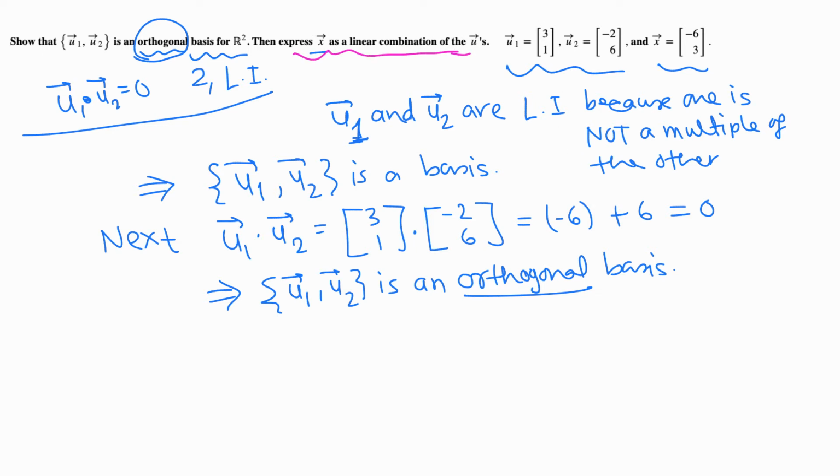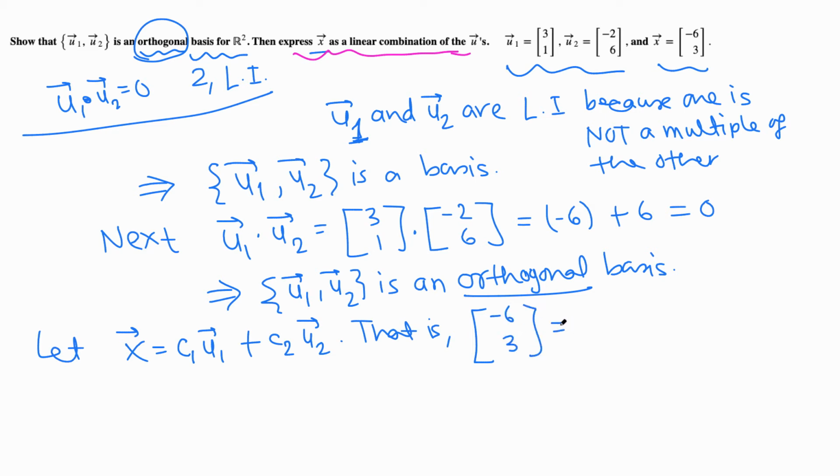Now the next part is we need to express x as a linear combination of u1 and u2. Let x be a linear combination, some unknown constant c1 times u1 plus unknown constant c2 times u2. In terms of numbers, our x is given as negative 6, 3, equals c1, to be determined, times u1, which is 3, 1, plus c2, to be determined, times u2, which is negative 2, 6.